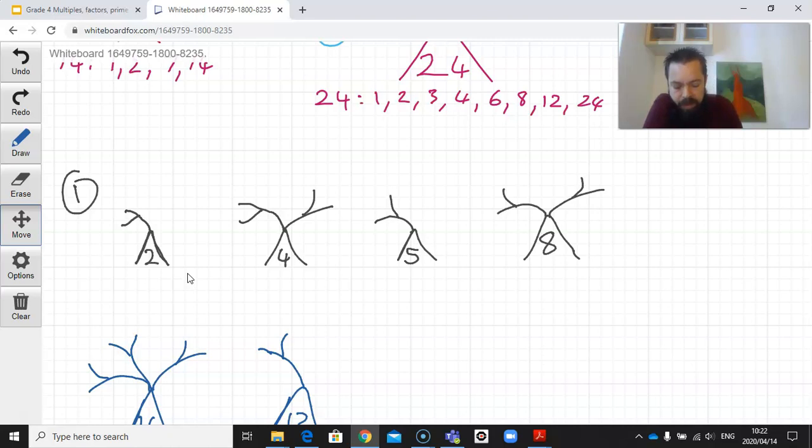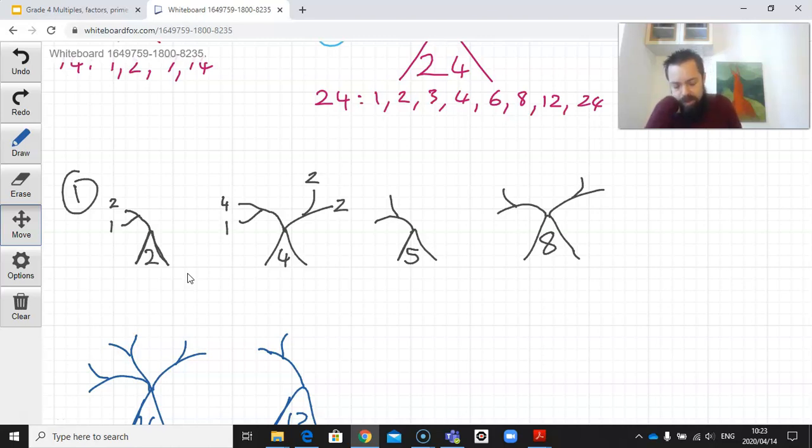Okay, looking at the first one, we know 1 fits into everything. If 1 fits in, 1 times what gives me 2? 1 times 2, so 1 and itself. The next one, again, we start with 1. 1 fits into everything. 1 times 4 gives me 4. 2 also fits in. 2 times what gives me 4? 2 times 2.